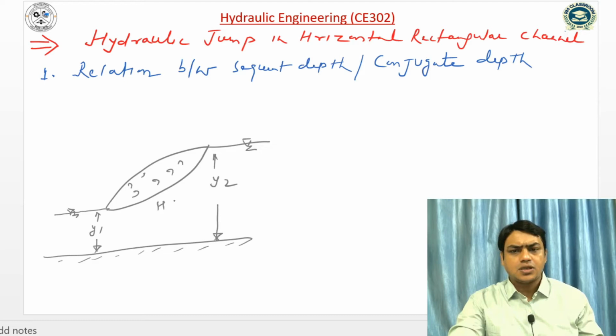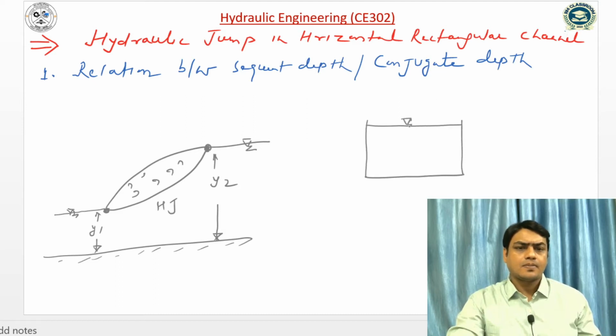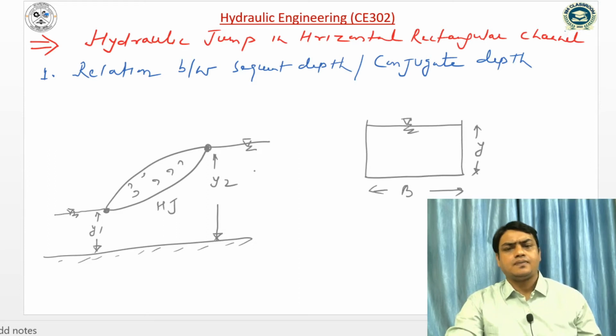Here we can see that the hydraulic jump will form. Let us assume a rectangular channel having width b and normal depth of flow y.